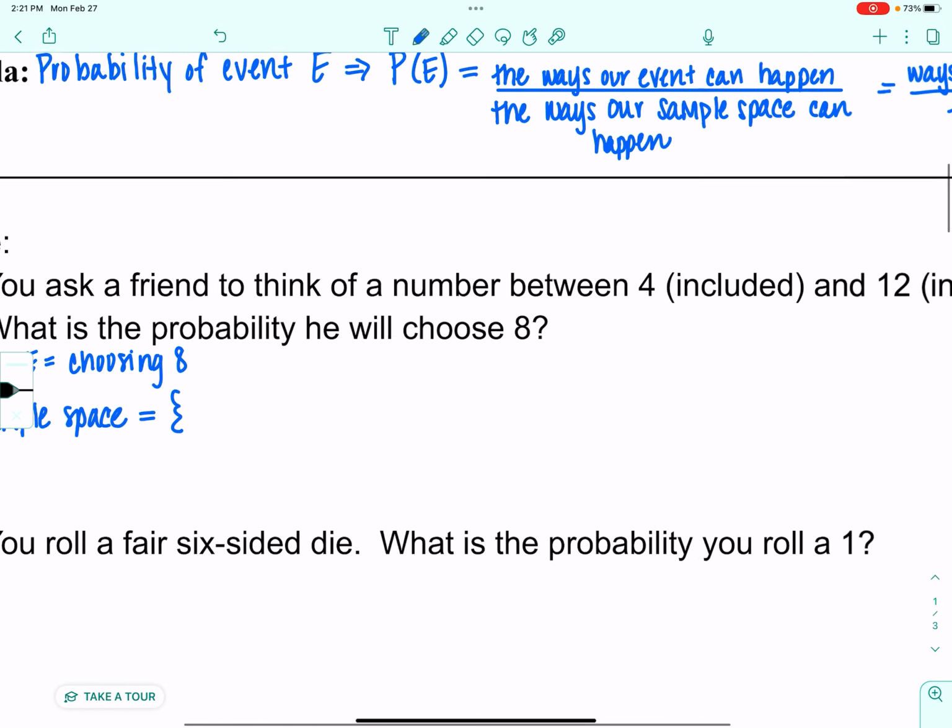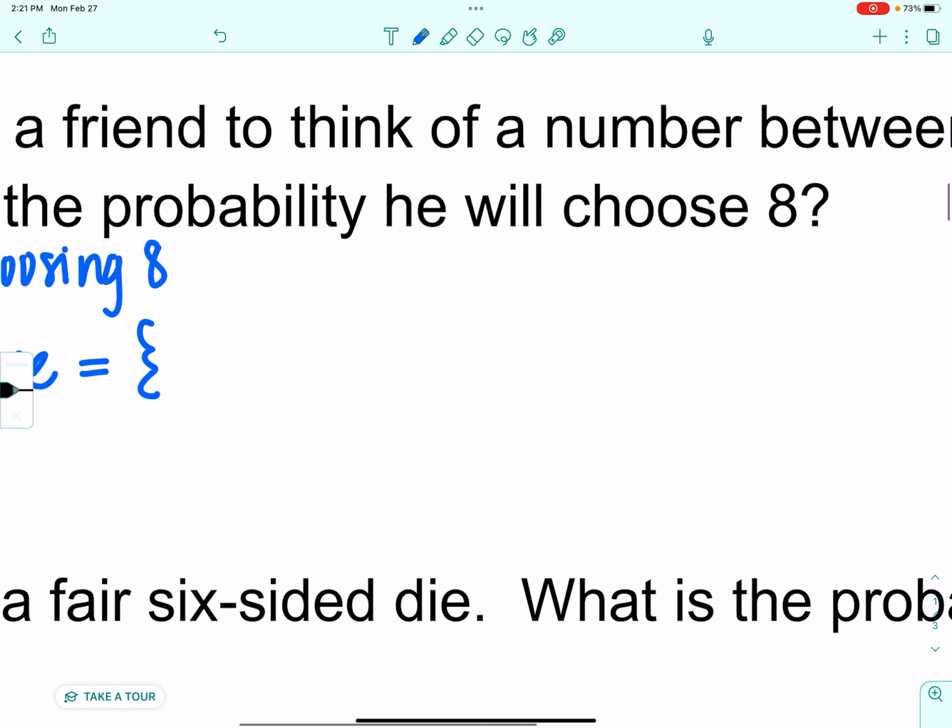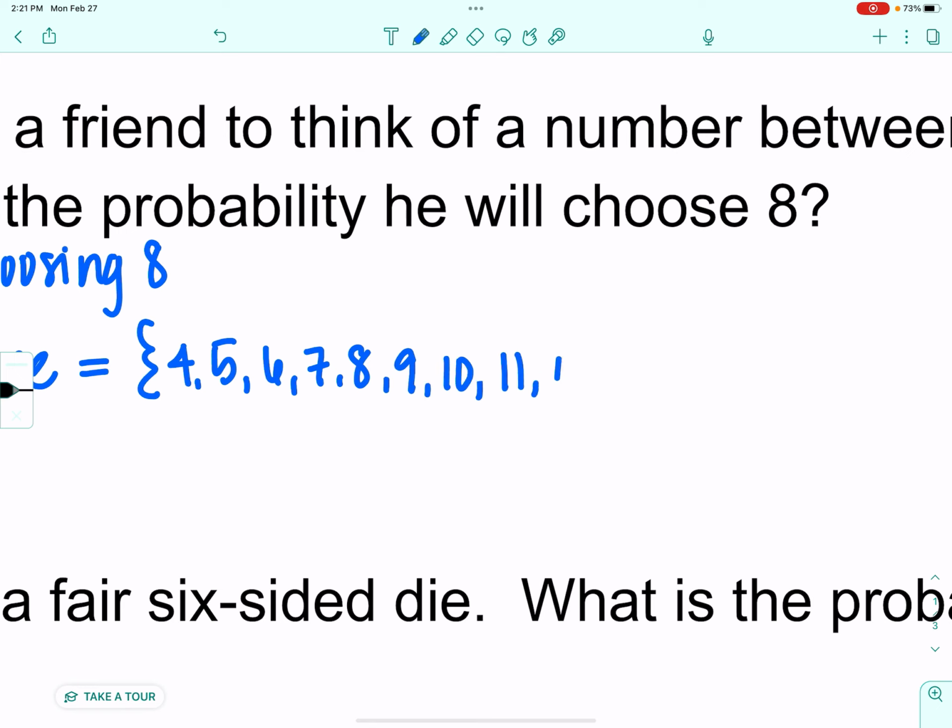We want to think of a number between 4 and 12, so all of the possible guesses. So he could guess 4, 5, 6, 7, 8, 9, 10, 11, 12. Those are all of the possible guesses that the friend could make.